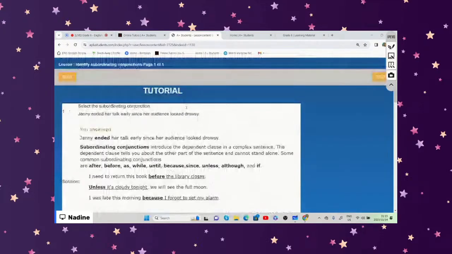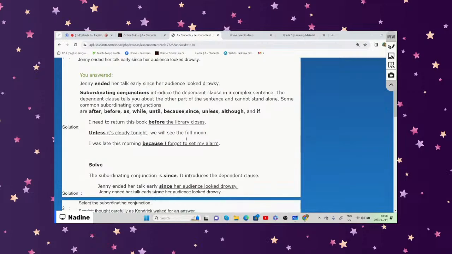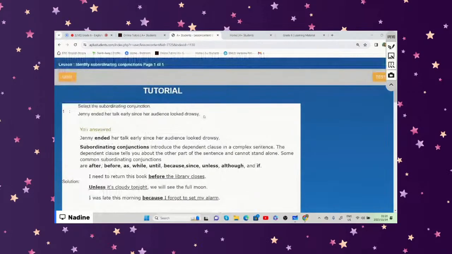All right, so here it says that we need to select the subordinating conjunction. Jenny ended her talk early since her audience looked drowsy.